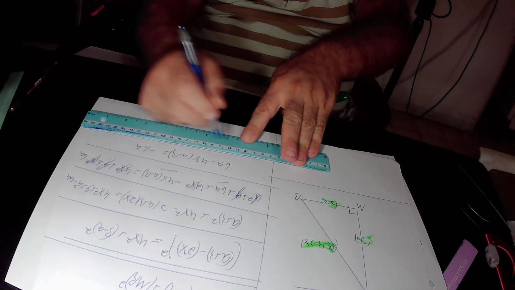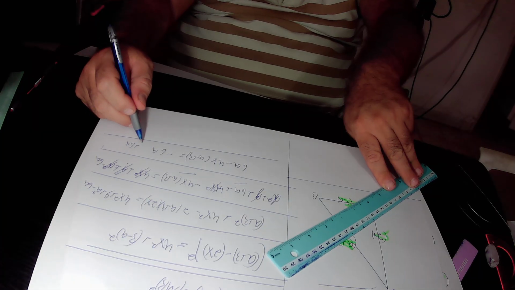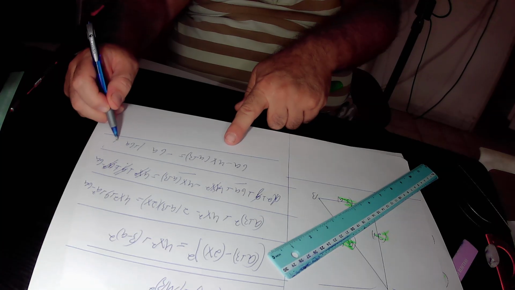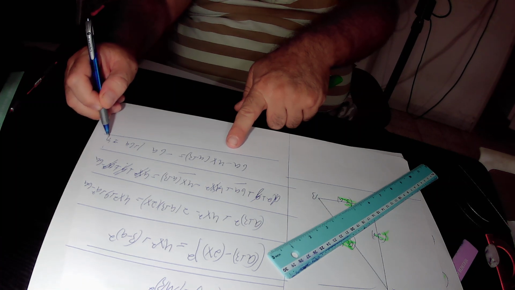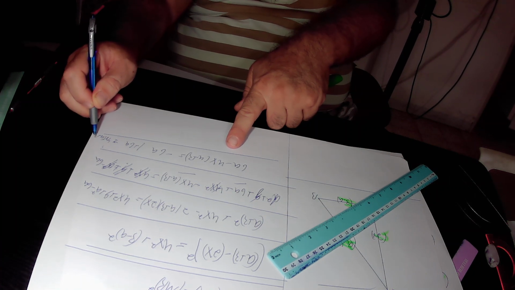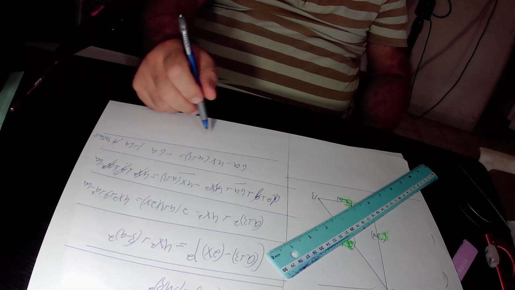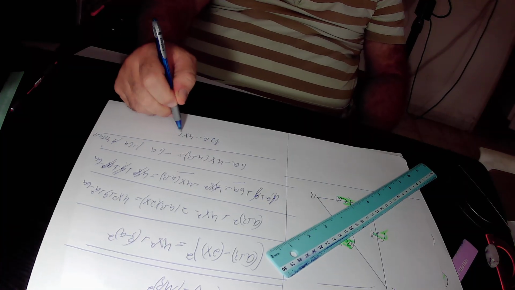Here we will add 6a to this equation and also add 4x times (a plus 3) simultaneously. We get that 6a plus 6a is 12a equals 4x times (a plus 3).